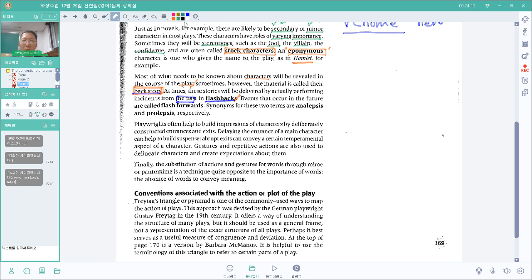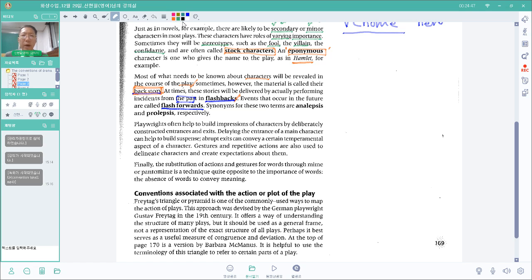And events that occur in the future are called flash forward. Also in a story, movie, or drama, they sometimes show the future of a character. That future scene about the character is called a flash forward. And synonyms for these two terms are analepsis and prolepsis, respectively.